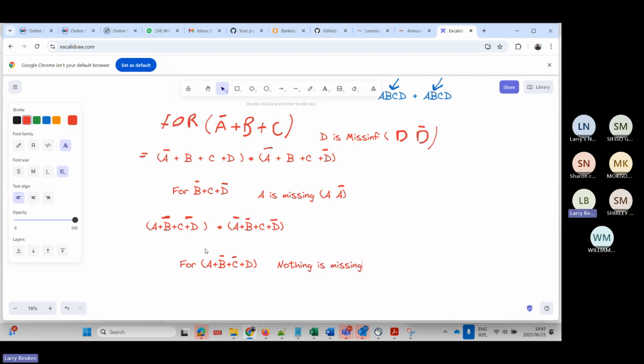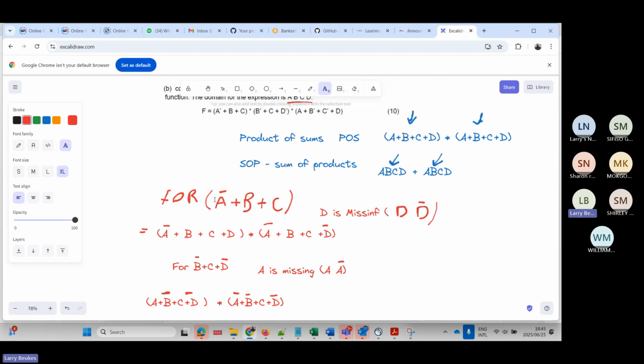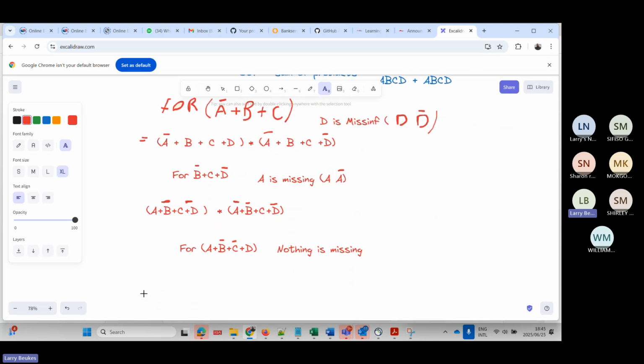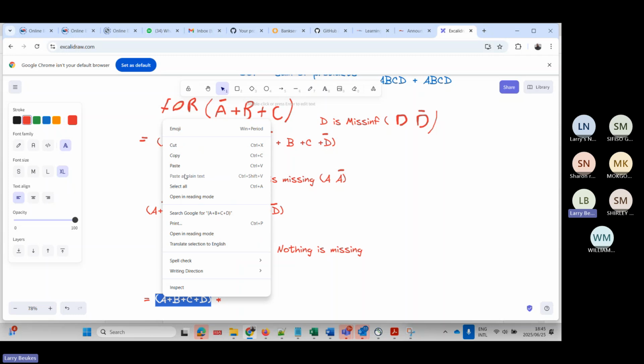This one is already in its standard form. So our answer then becomes 1, 2, 3, 4, 5. So we need to have 5 terms.